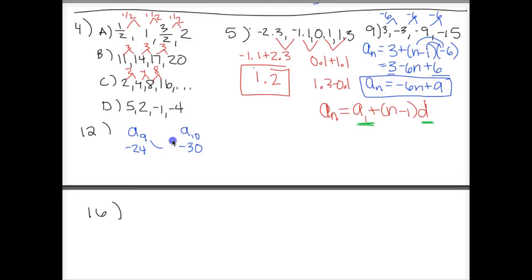These happen to be consecutive, so I don't like this example very well. We did lots of them in the lesson, so you can go back at those if you think you forget them. But remember, if there's multiple common differences, these are all d between. But here it's just one common difference, so negative 30 minus negative 24, which gives me 6.